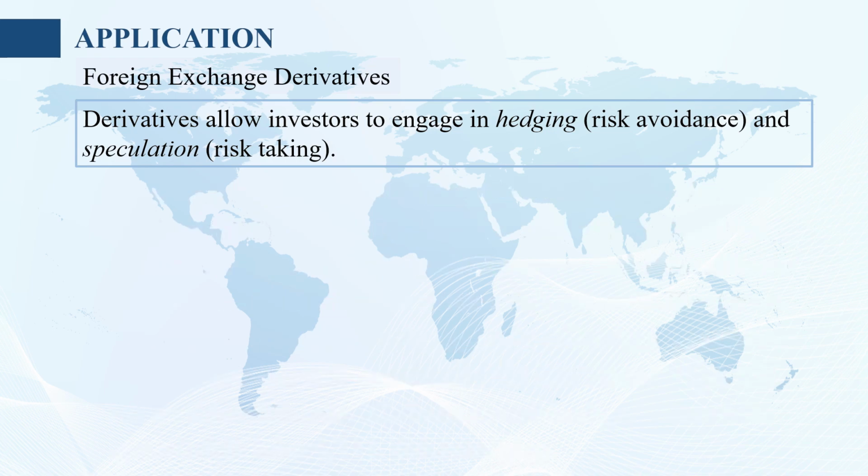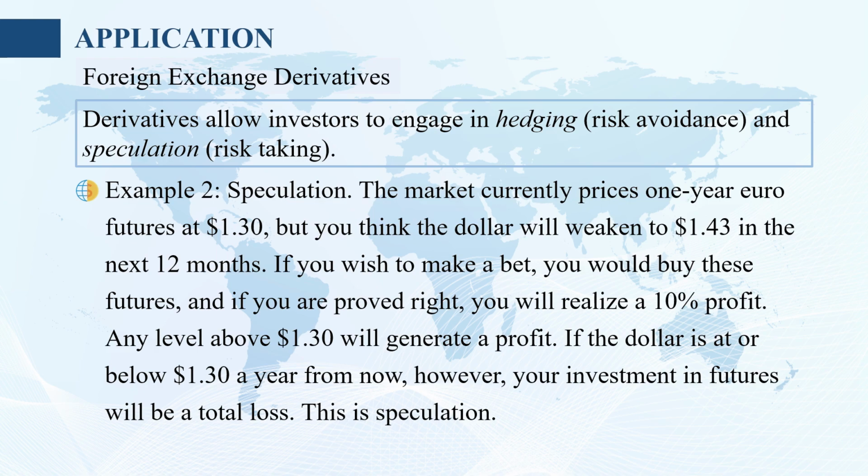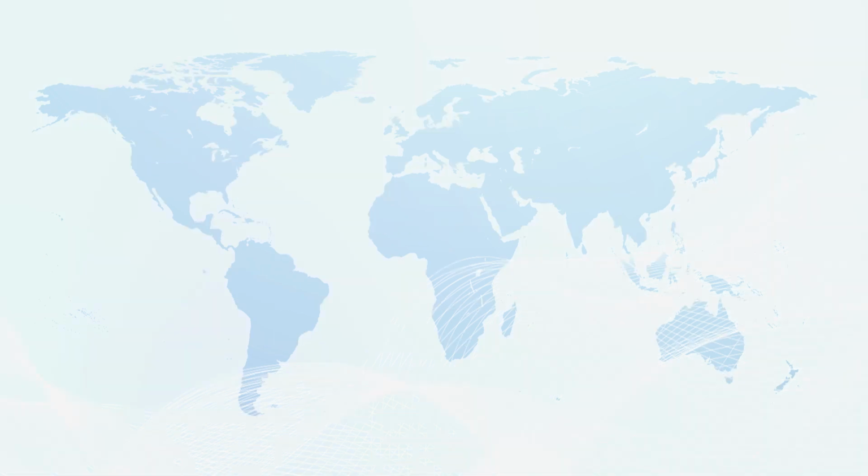Let's look at an example of speculation. The market currently prices one-year euro futures at $1.3 per euro. But you think the euro will strengthen to $1.43 per euro in the next 12 months. If you wish to make a bet, you would buy these futures.